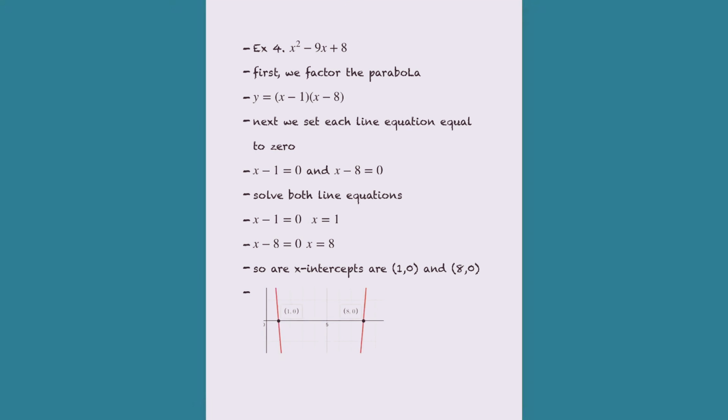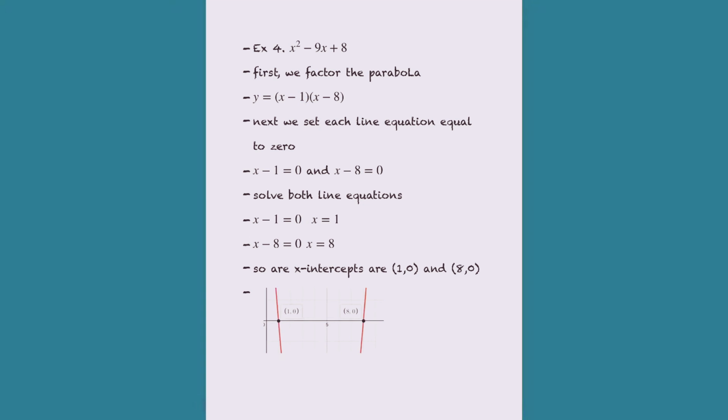Okay, another example, x squared minus 9x plus 8. Here we have the parabola in general form, or the quadratic function. First we factor the parabola. So y equals x minus 1, x minus 8.